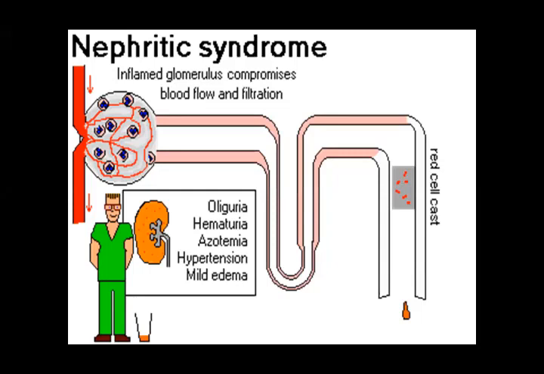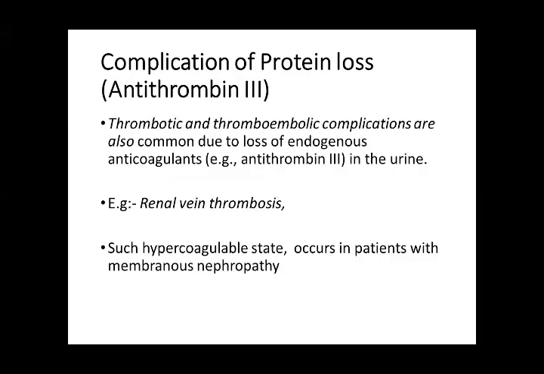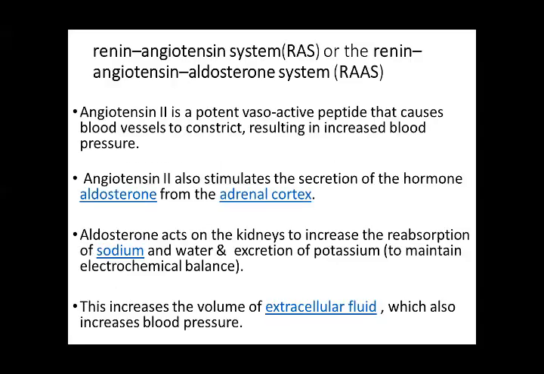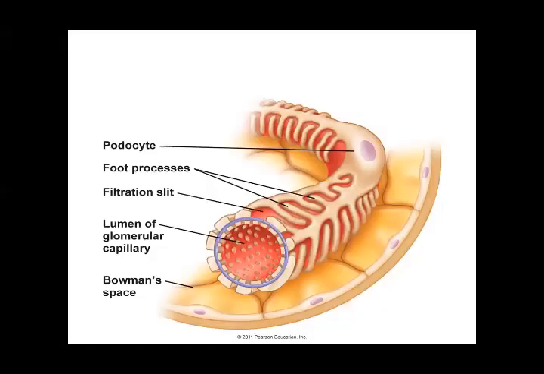I will go back now to the first few diagrams, this diagram. Now, we talked about the large size of the fenestra in the capillaries, and we said that causes loss of proteins from the kidney.